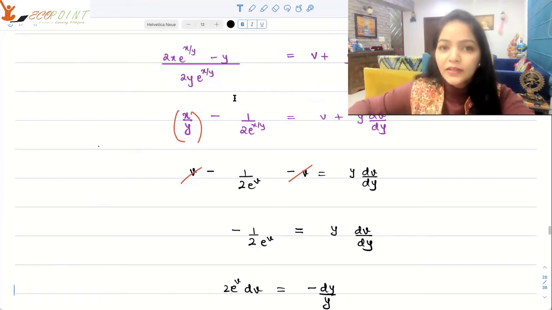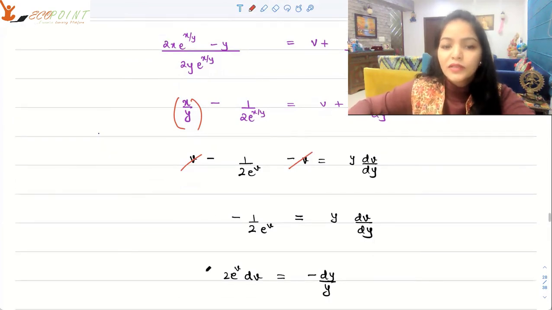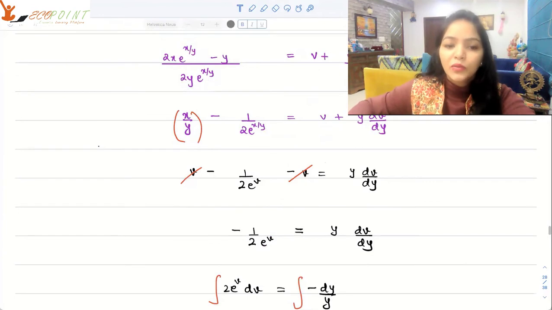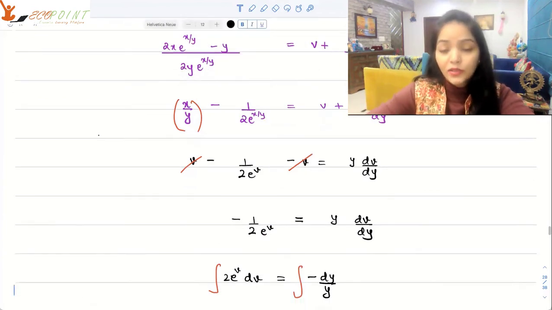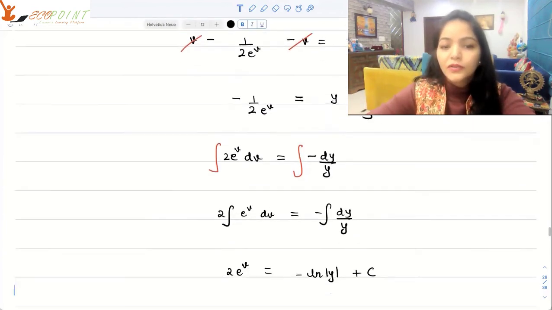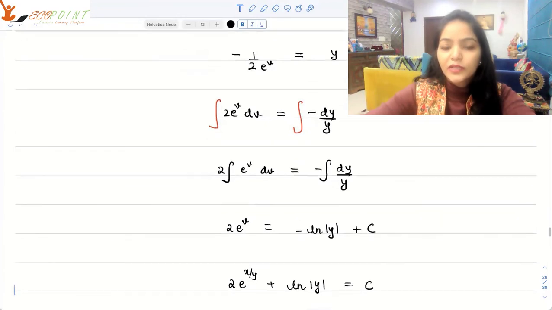So you will integrate on both the sides. When you integrate on both the sides, you will get the solution. So integrating on both the sides, you will get 2 e to the power v is equal to minus log mod y plus c.